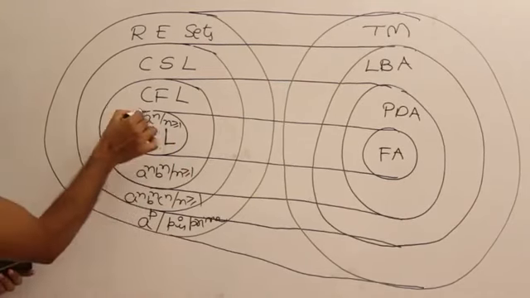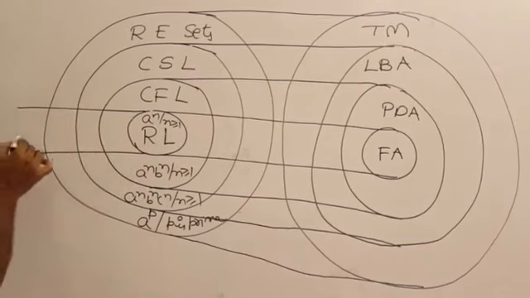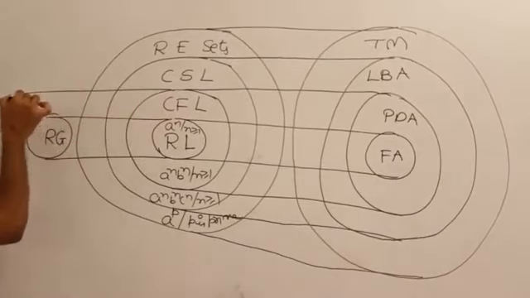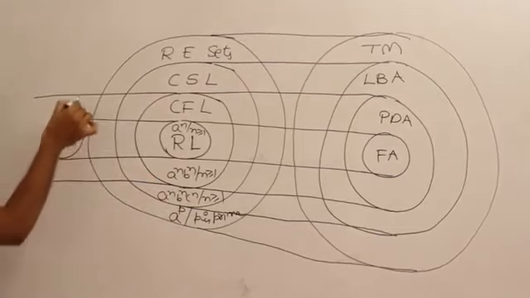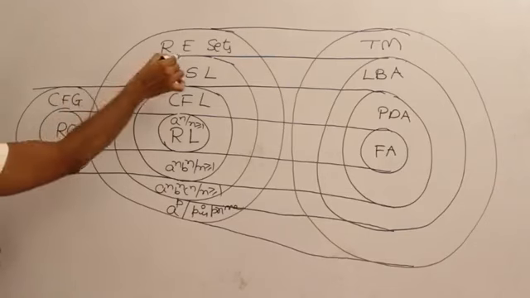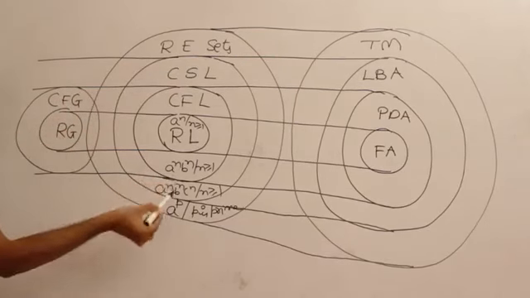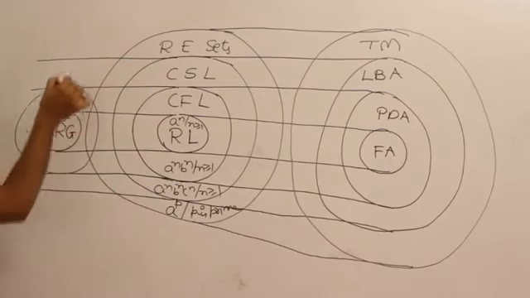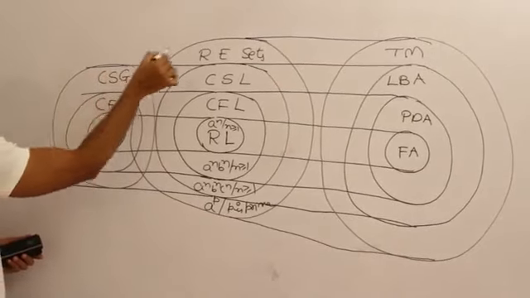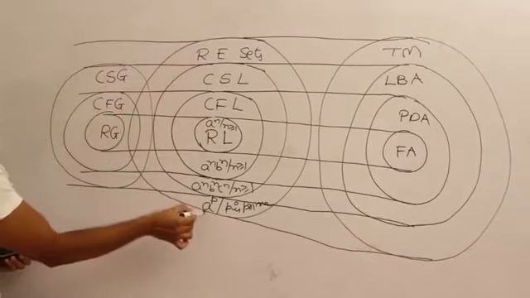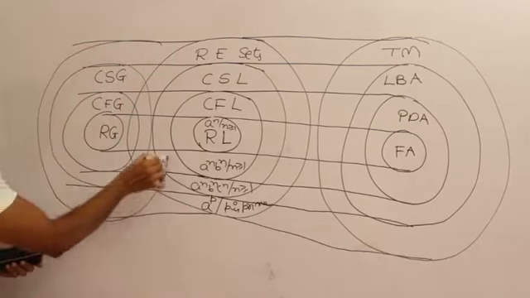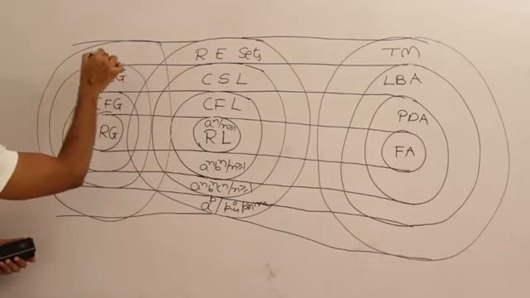So for the class of regular languages, there is a grammar called regular grammar, and for the class of context free languages, there is a grammar called context free grammar, and for the class of context sensitive languages, there is a grammar called context sensitive grammar, and for the class of recursively enumerable sets, there is a grammar called unrestricted grammars.